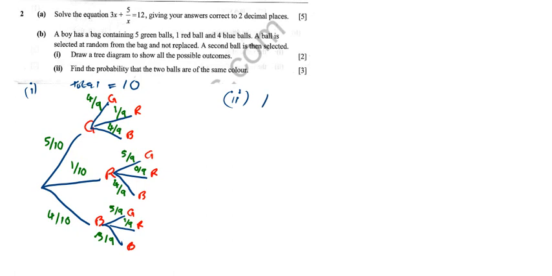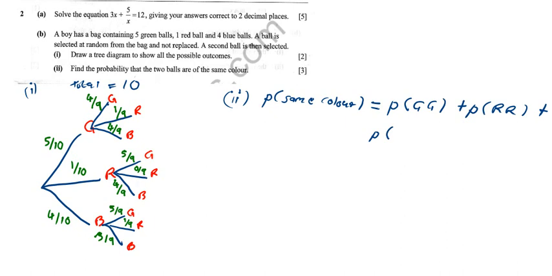So probability of same color is equal to probability of green plus probability of red, again plus probability of black.